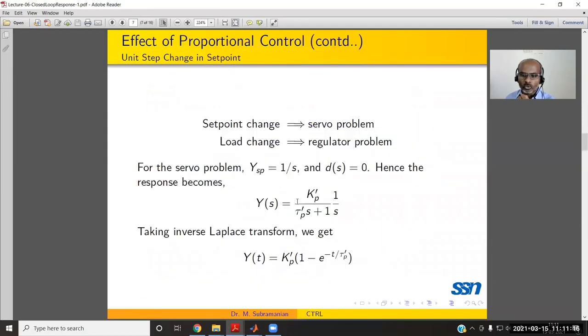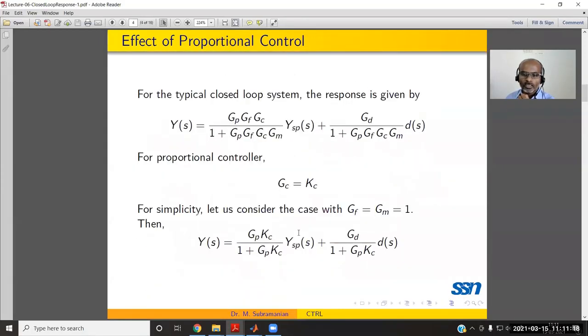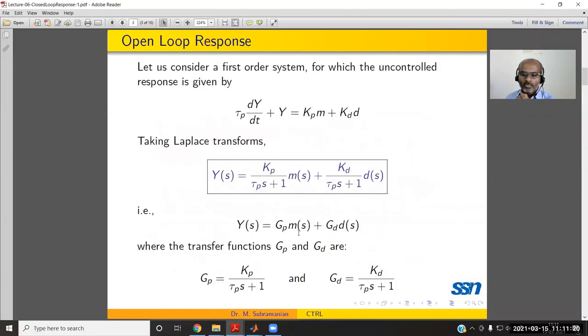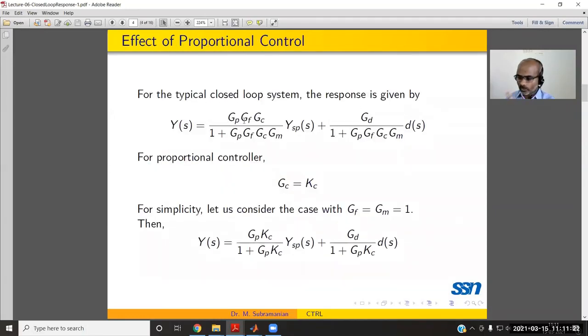So I will go back to the transfer function. The transfer function of the closed loop you can derive: GP, GF, the final control element, and GC. So the elements in the forward direction divided by all the elements in the loop. In the loop, in addition to GP, GF, GC, we also have GM.